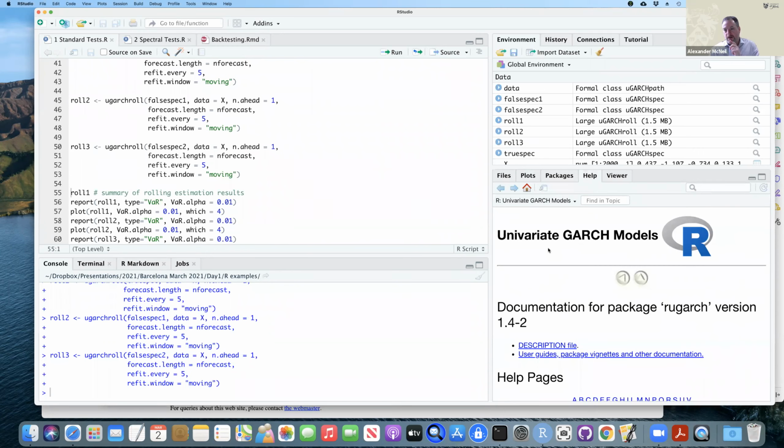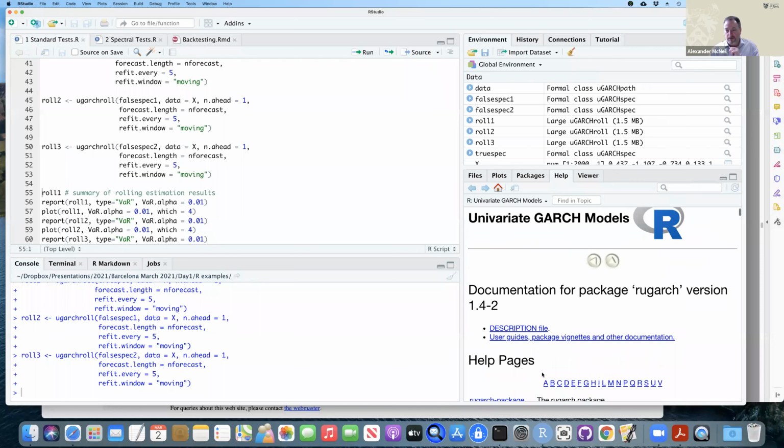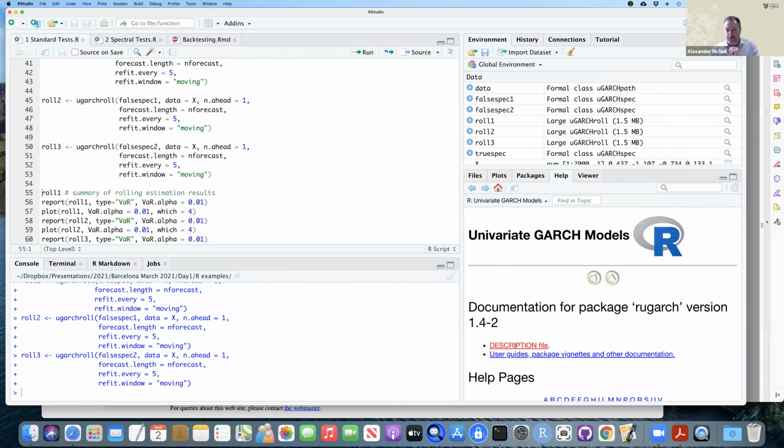So this is a package for univariate GARCH models. There is one for multivariate. And in the description file, you can see it's written by someone called Alexios Galanos, who works for a hedge fund in America, I do believe, but has written this fantastic library for GARCH-based methods. So what do you see? Let's look at roll 1.